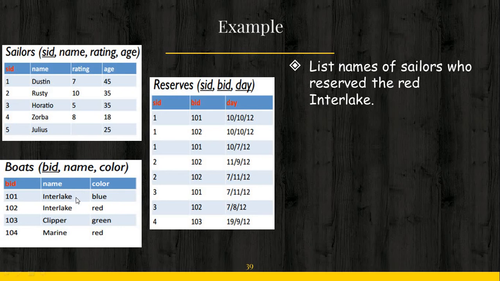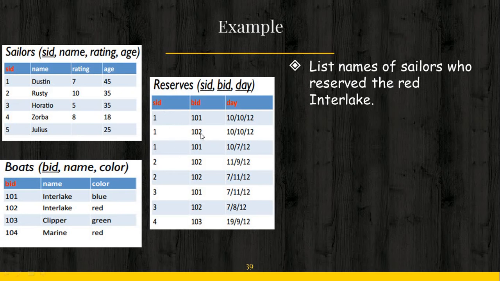So we have to go to the boats table, and here we can find that 102 is the BID, whose name is actually Interlake, and the color is red. So from the boats table, if this condition is satisfied, then I would go for the 102 ID in the reserves table and check whether it is reserved by any sailors or not.